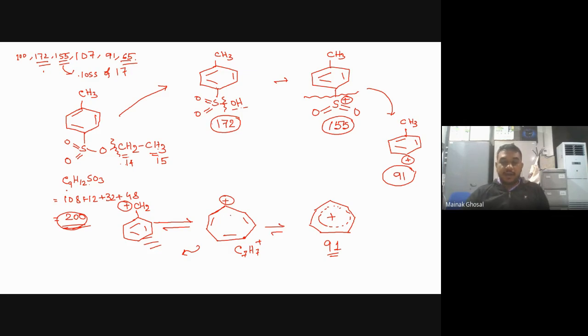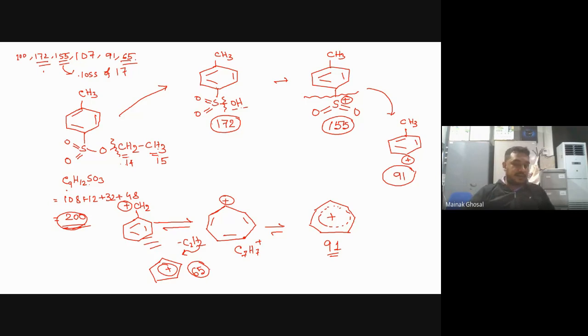Now, whenever you are going through this tropylium ion and you have seen this 91 peak, there is another chance that 2 carbons will be lost as ethylene. There is a loss of ethylene, and then you will be able to see a 5 carbon species like this. This is nothing but the cyclopentadienyl cation. So this will have m by z at about 65.